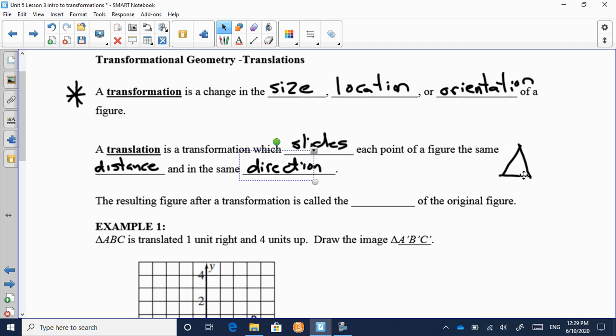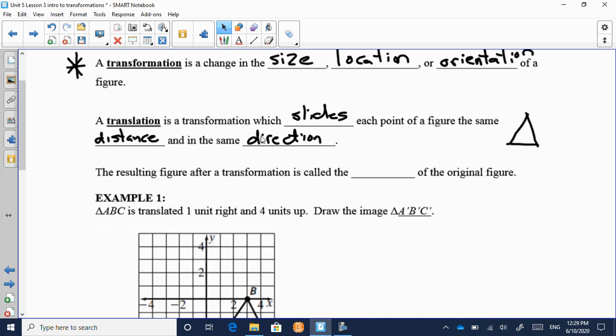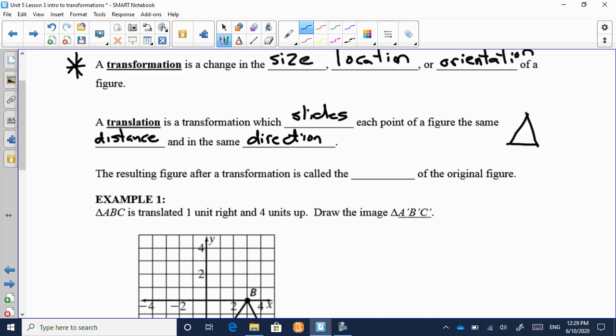We are going to move every point the same, like 3 units to the right, or 3 units up, or 3 units to the left. So that's what a translation is. It's the sliding of the figure, and we're going to slide every point the same distance and in the same direction. The resulting transformation is called an image of the original figure.